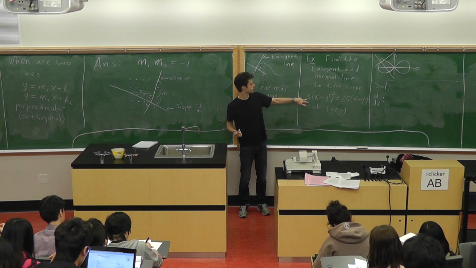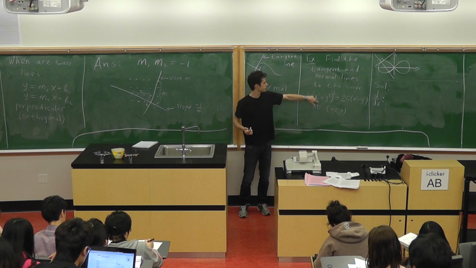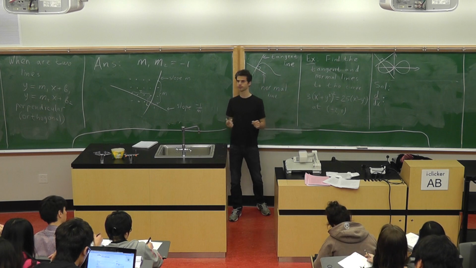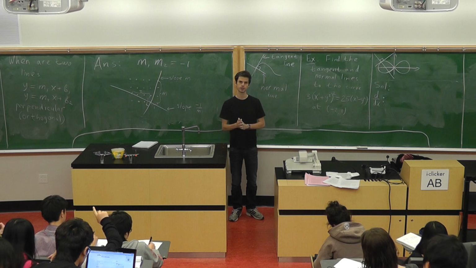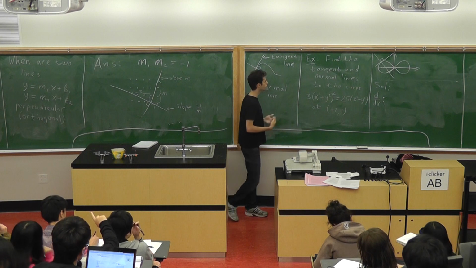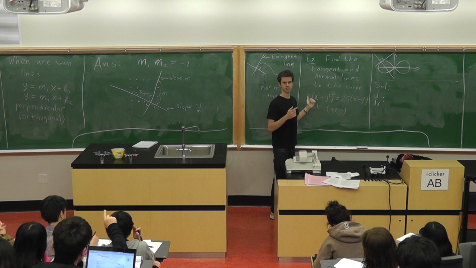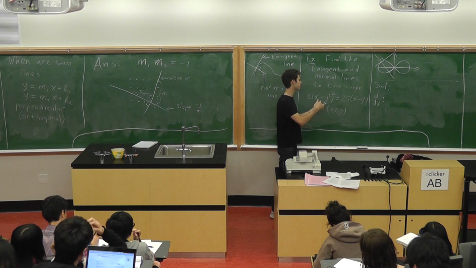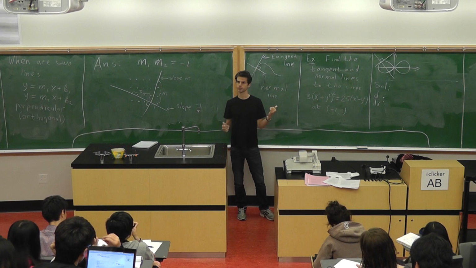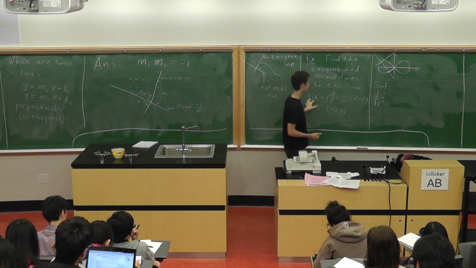We should differentiate 3 times this thing squared. So what is the derivative? It's obviously a composite function. It's 3 times something squared, and this something is itself a function. So let's apply the chain rule.